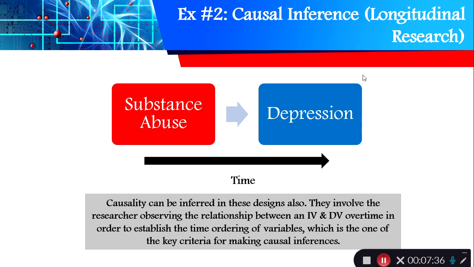If we're able to observe this over time, then we really can get a sense of what comes before what, and we call this the time ordering of variables or the time sequence of variables. The time sequencing or ordering is one of the key criteria for making causal inferences. We have to be able to say what comes before what in time. Longitudinal research allows for that, which is the reason why it in turn allows for making causal inferences.